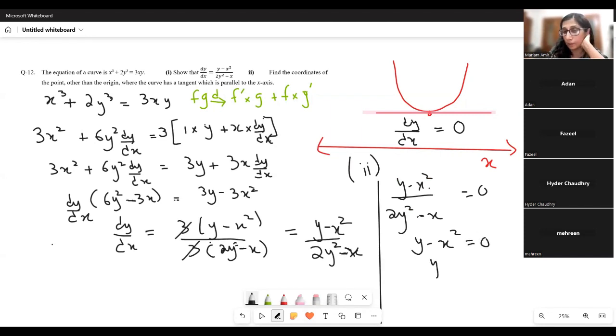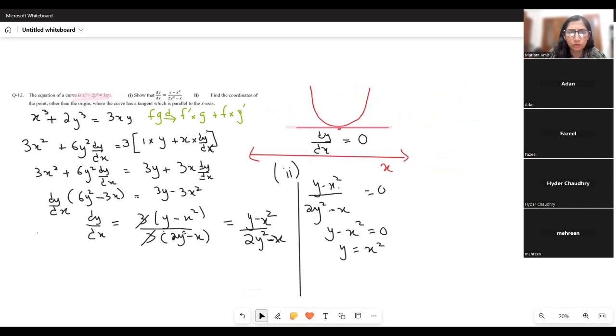It's going to be y equals x squared. Okay. If y is equal to x squared, we can substitute it in the original equation and see what we're getting for x or y. Let me just check, is everything good till here? Yes, you do get y is equal to x squared at some point.